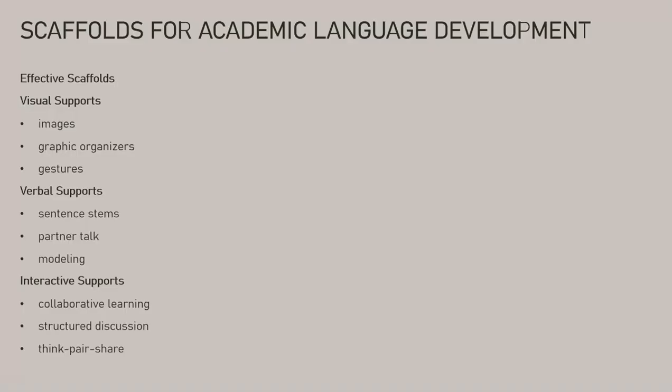So some examples might be visuals, gestures, sentence frames like we looked at last week, modeling, partner discussions, and graphic organizers. Bad scaffolds remove thinking. Good scaffolds support thinking. An example would be, instead of simplifying science content, support access through providing visuals and structured talk.